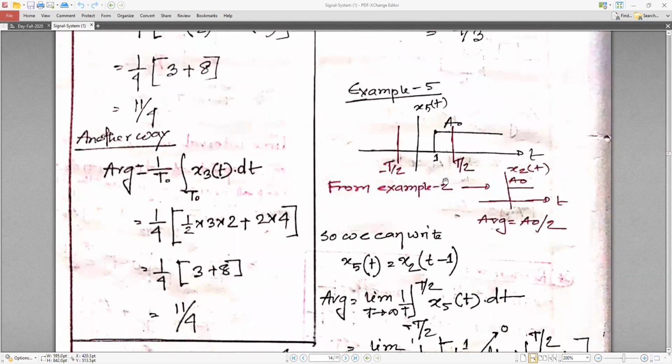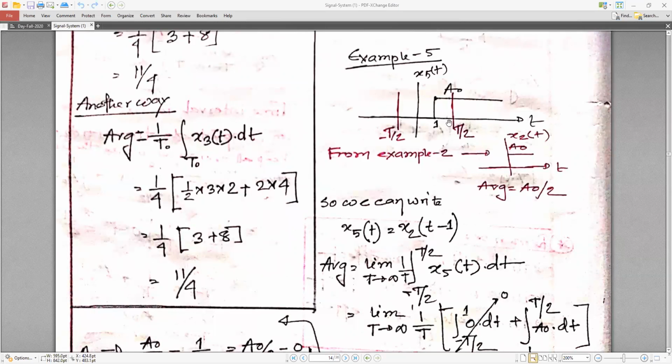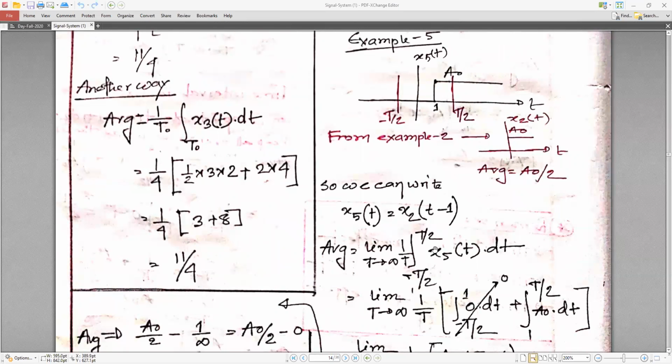And see another example here for the non-periodic, minus T half to T half. From the example, see average, a naught by 2. So x5(t) is x2(t minus 1), t minus 1 from here. So the total is t minus 1, then that would be the range for this equation, x2(t minus 1). Okay, so here, average time minus T half to T half x5(t).